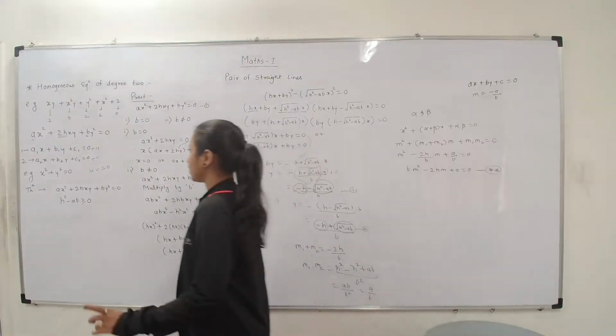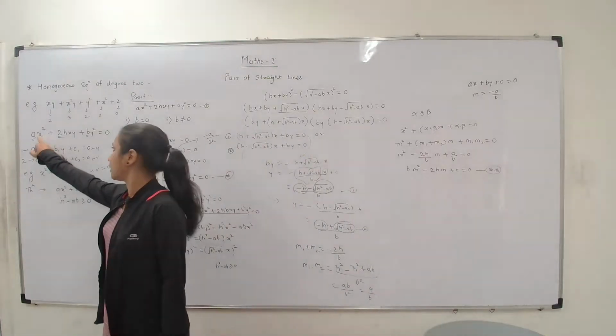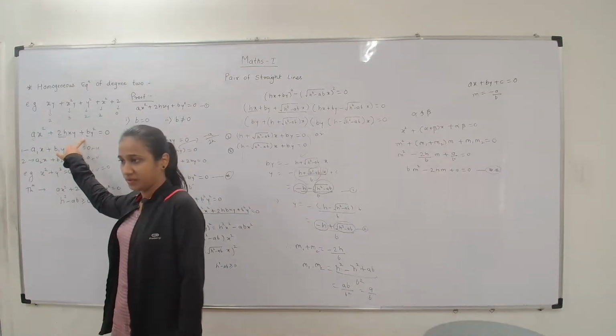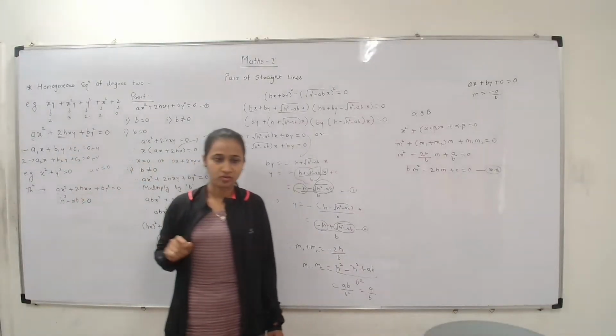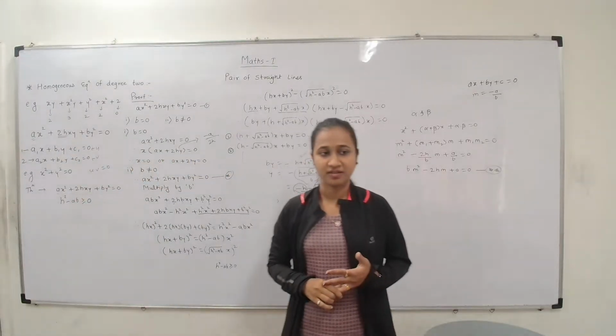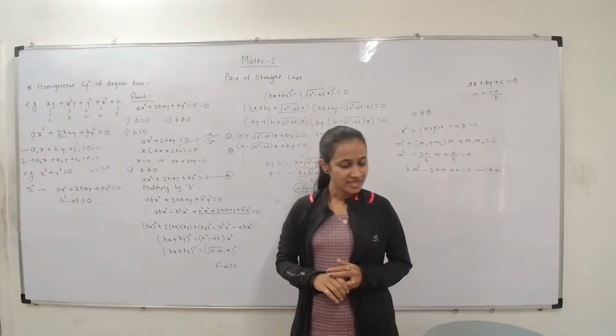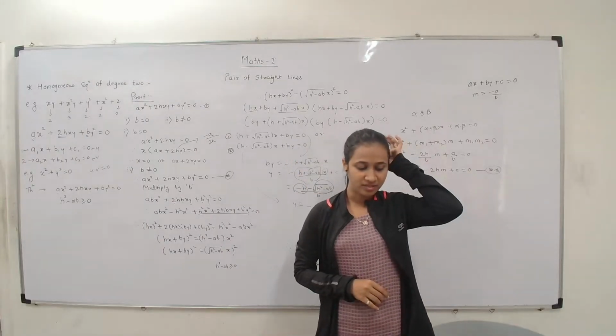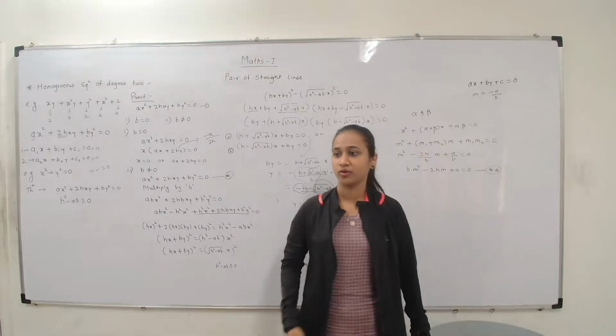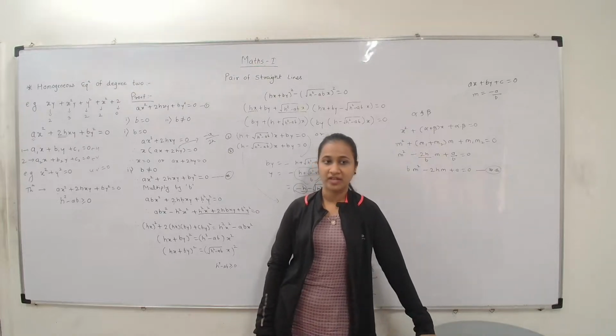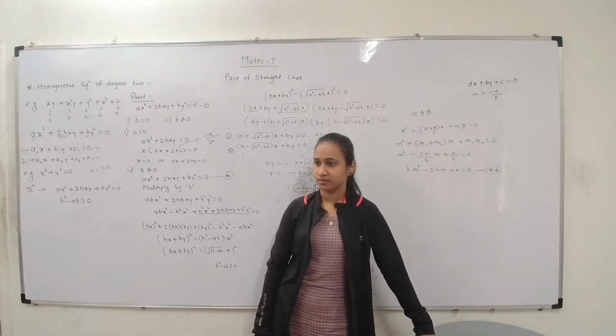Just equate the given equation with this. You will get a, h and b, not 2h. Substitute, prove that h square minus ab is greater than 0. Then these are distinct. Second is same, show that the lines represented by equation are coincident. So for coincidence, h square minus ab equal to 0. Solve कर दें.